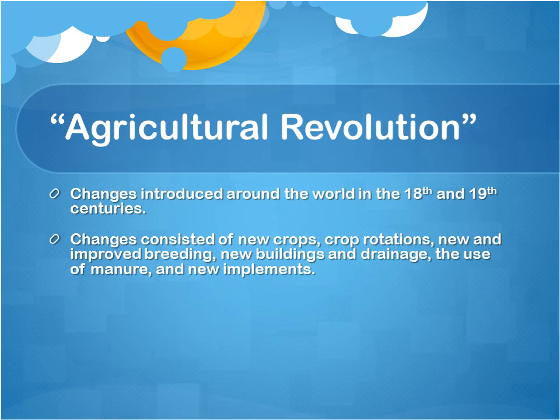There was the introduction of new and improved breeds of crops, infrastructure, better buildings to store and conserve food, drainage, better and more efficient irrigation, so that the per land unit production of crops could grow. The use of fertilizers and new implements became new ways to accelerate food production.